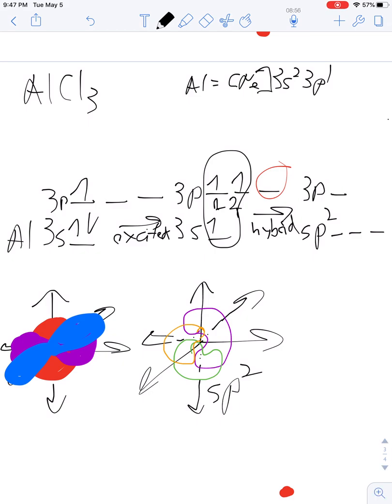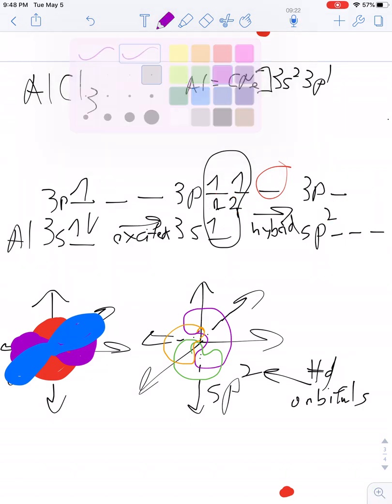And something to keep in mind is this 2, that superscript, now refers to the number of orbitals, not the number of electrons. So I hybridized 2 P's. That's why it's a 2.